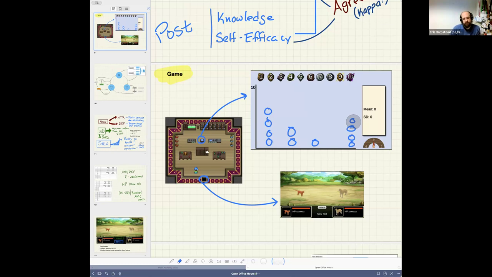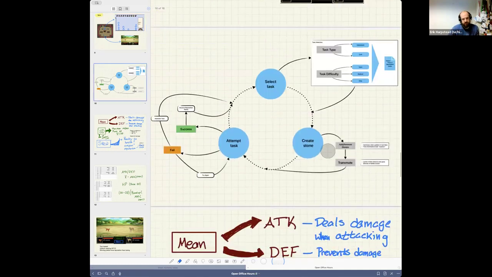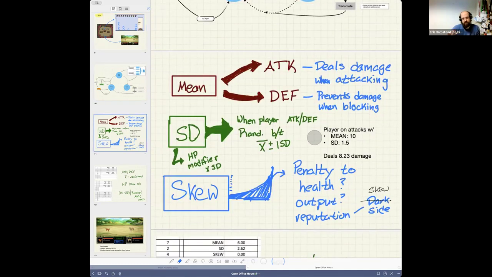And then your attack and defense are set by the mean of that distribution. But when you actually do an attack, do you sample from the distribution, or do you uniform random within the standard deviation bounds? Like you said you did one standard deviation. Do you shelve it there, or do you let it sample the actual distribution?